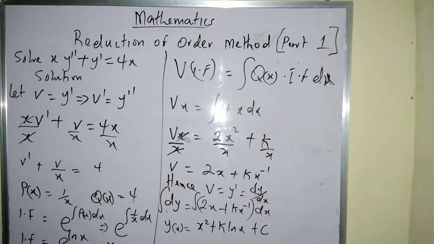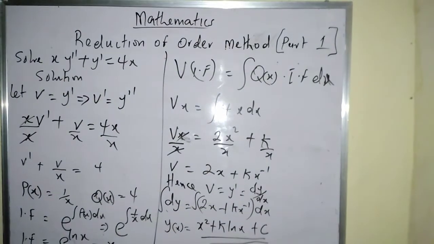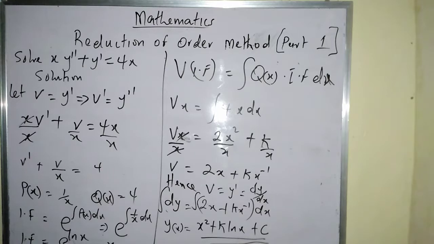Please, k and c are constants. That is my final answer. Can you see that this method is very nice and very sweet?